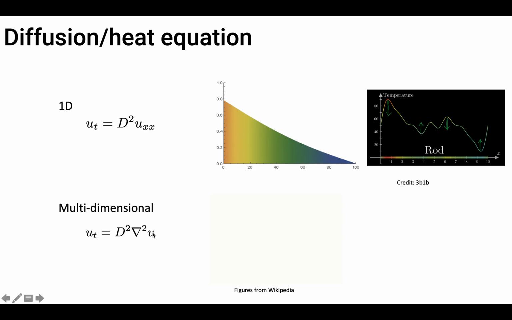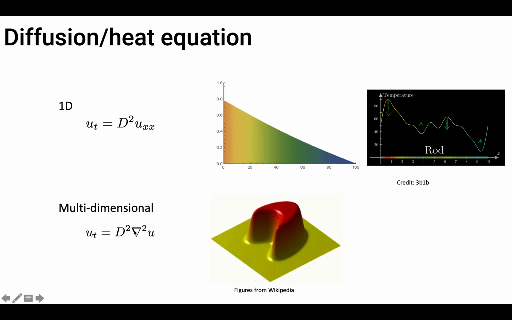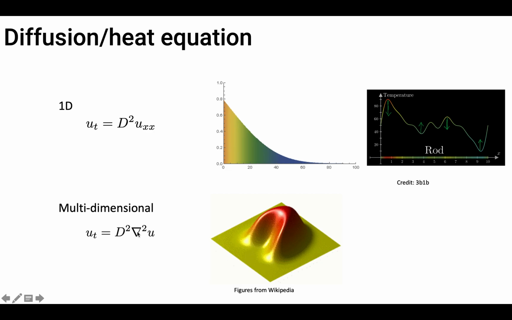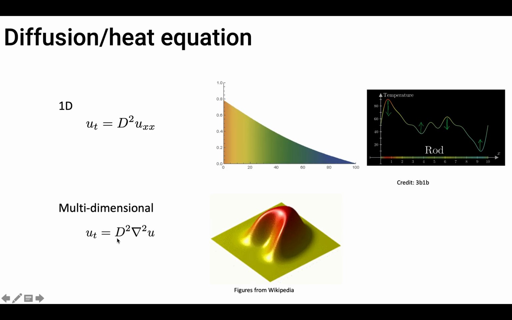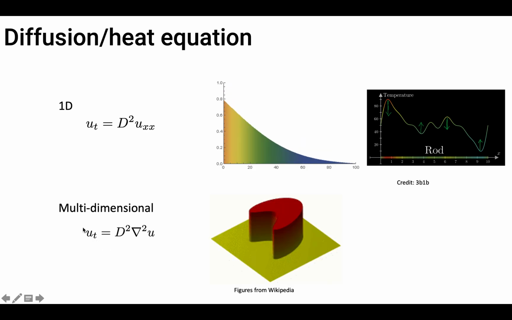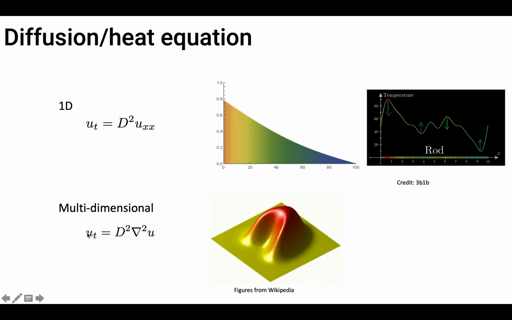We have seen this expression, the gradient squared u, in the wave equation, and you can see that this equation looks very similar to the wave equation. The difference is that in the wave equation we have the second derivative u_tt instead of u_t, as in the heat equation, right?